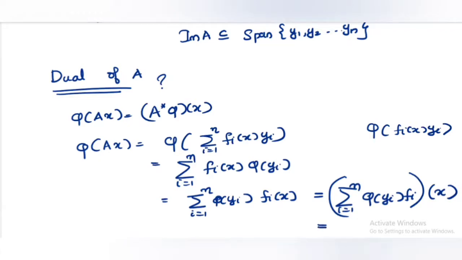Therefore, we get phi of Ax is equal to A star phi of x.